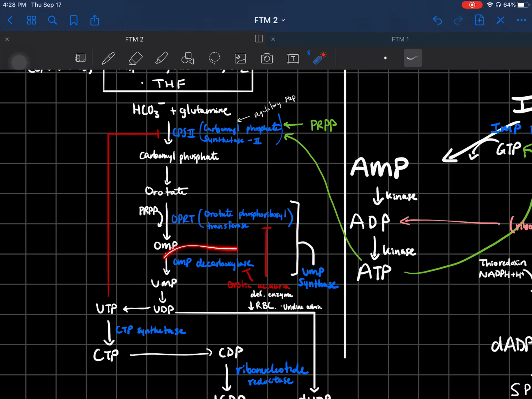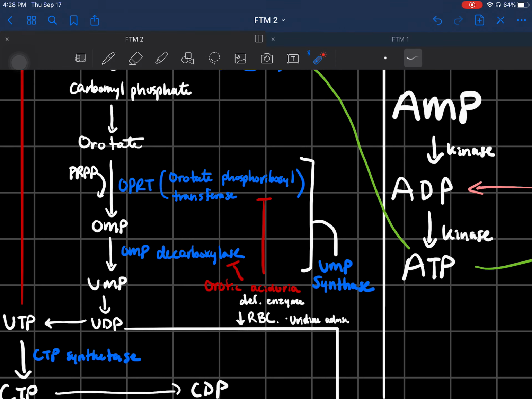And if either of these enzymes is dysfunctional, it's going to lead to orotic aciduria. Okay, and that basically just means either one of these enzymes is deficient, you're going to have a buildup of orotate in your system, and as a result, you're going to have lowered amounts of red blood cells, and you can treat it with uridine administration.